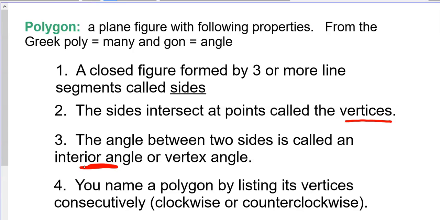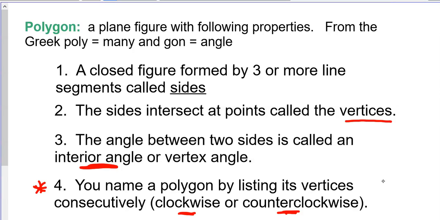And 4, an important little concept right here, you name a polygon by listing its vertices consecutively. So you can't jump around with that, and I'll talk about a couple examples. It doesn't matter which direction you go, clockwise or counterclockwise, but you pick one vertex and walk all the way around the polygon in one direction until you get back to the original vertex.